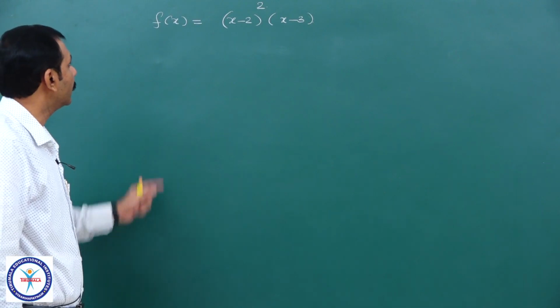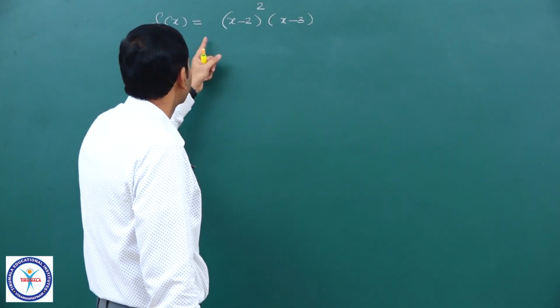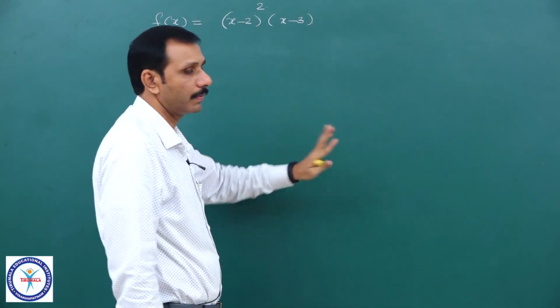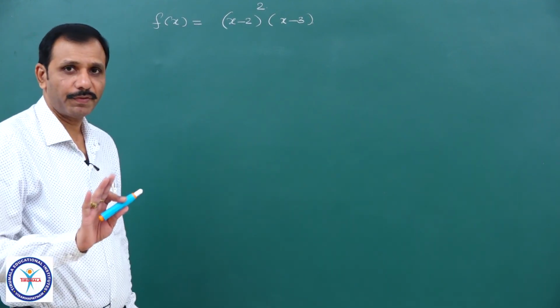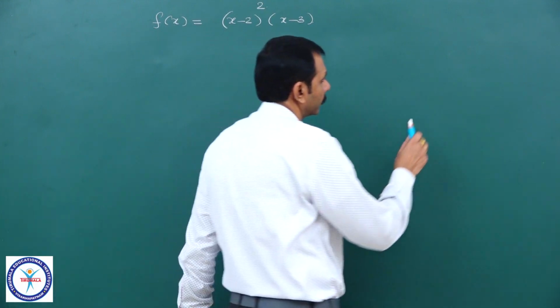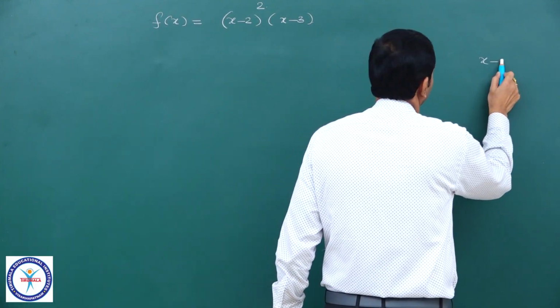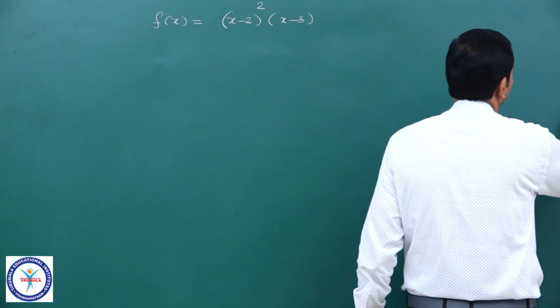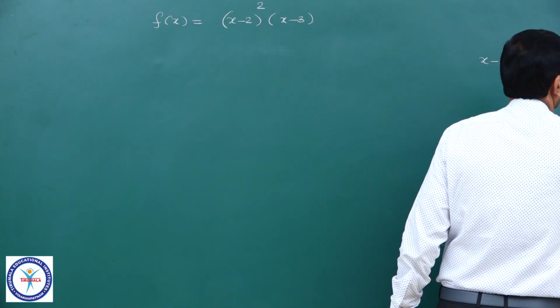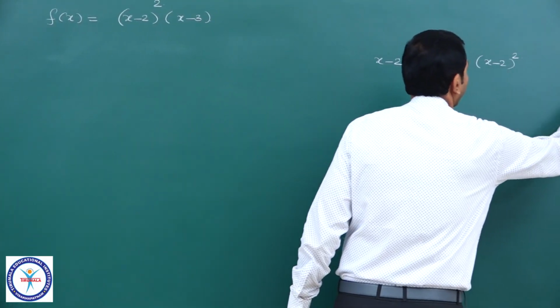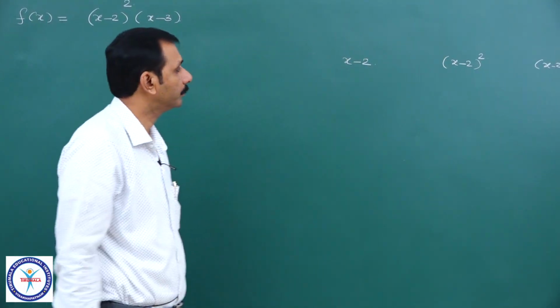Now let us consider f of x equal to (x minus 2) whole square into (x minus 3). Everyone of you please observe. I will take x minus 2, x minus 2 whole square, x minus 2 whole cube.